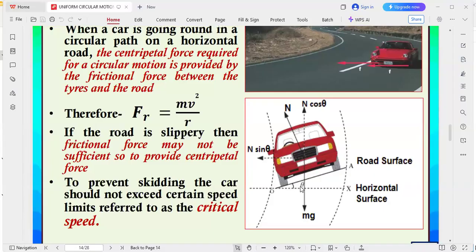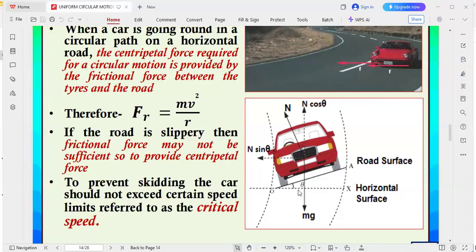It's called the banking angle. When you look at this road, it's raised on this outer side. It's called banking. So road banking is simply the gradual raising of the road on one side so that it assumes a saucer-like shape. So that angle of banking is the theta we are talking about.